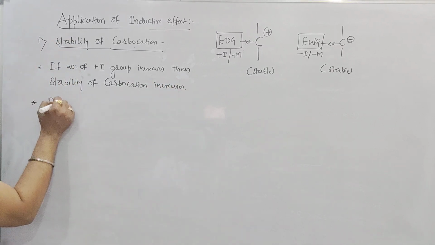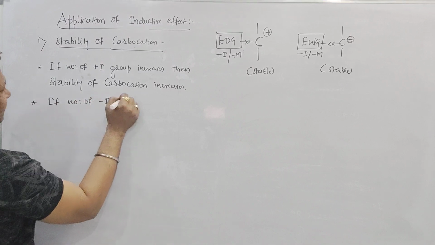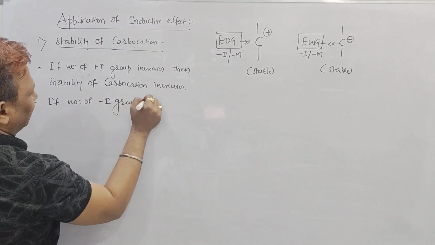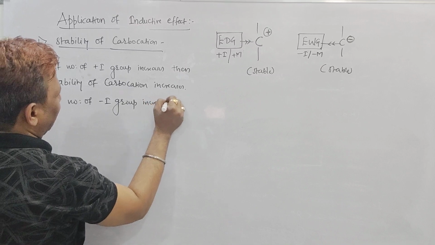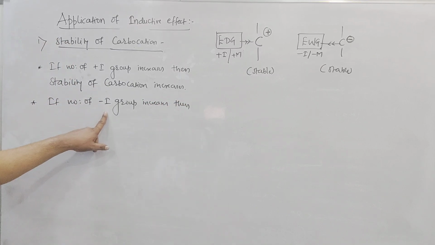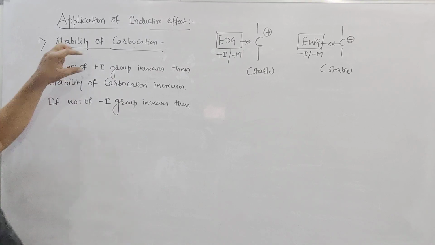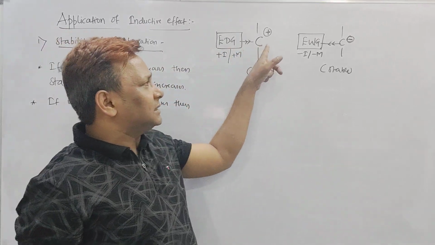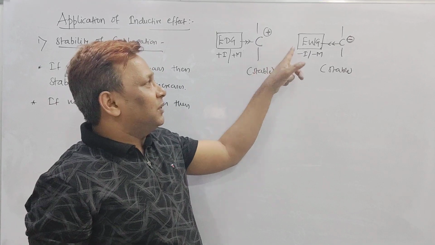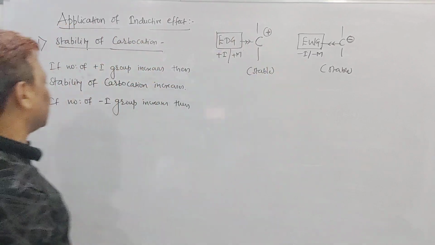But on the other hand, if the number of minus I groups increases, what will happen to the stability of carbocation? It decreases, because plus I groups can increase the carbocation stability, but if you keep a minus I withdrawing group, it will decrease the stability of carbocation.